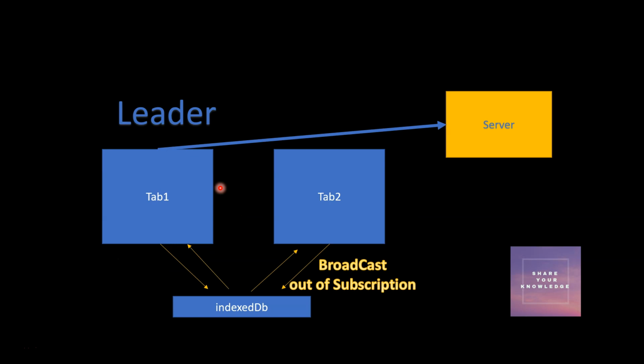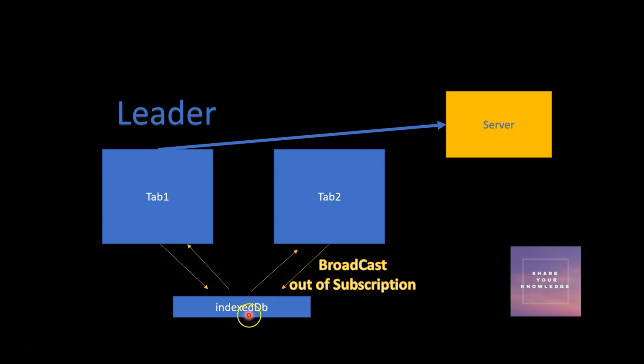I have tried to explain it with a diagram. There are two tabs, tab 1 and tab 2, open in your browser, and tab 1 only will do the server side access. Once it receives the latest data from the server, it will update the DB, in this case IndexedDB.